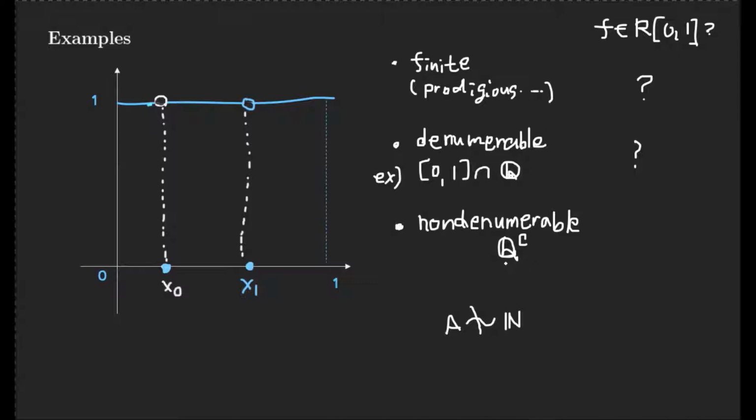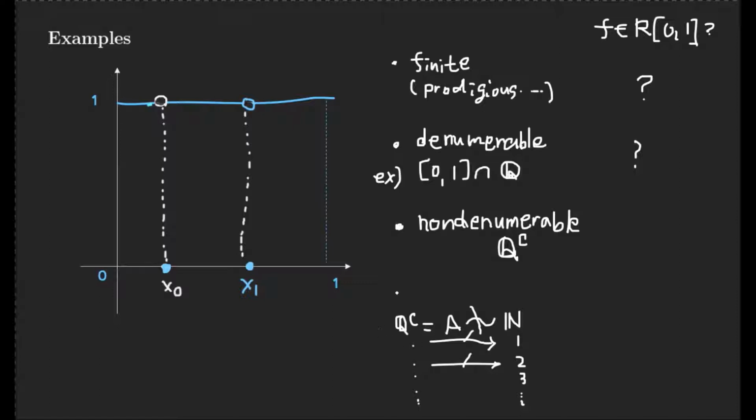You cannot count the irrational numbers, because if we try to match them with the natural numbers, we get a contradiction.